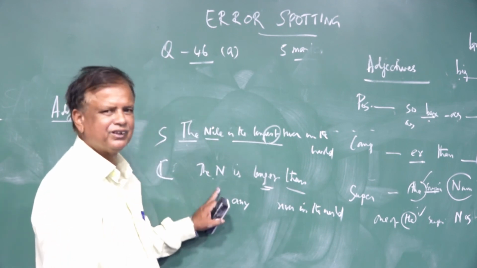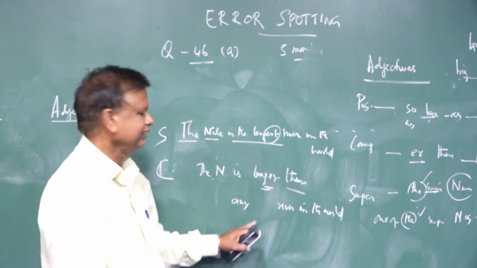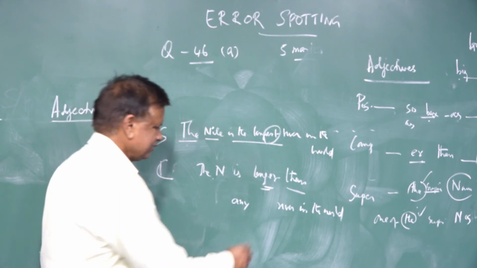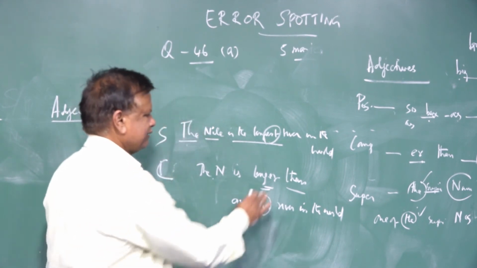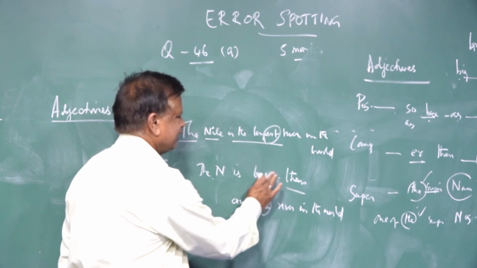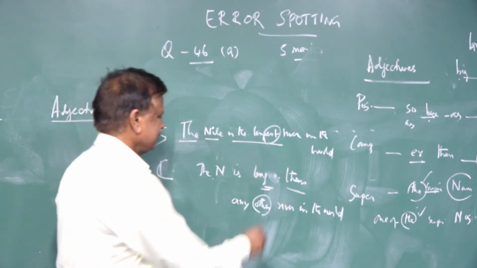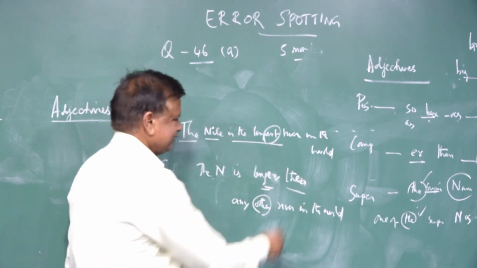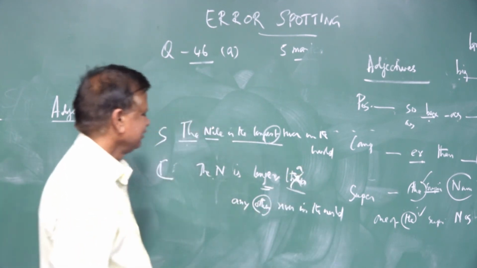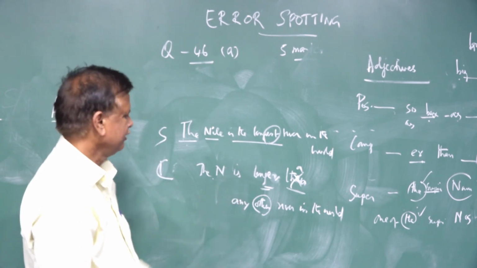Actually, they will give you a sentence like this: the Nile is longer than any river. What is the word that is missing here? The word other is missing. So you have to be very careful. Or they might say the Nile is longer than any other. Or they might say the Nile is longer then. It is not then, it is than. So these are the things that you should be careful about.